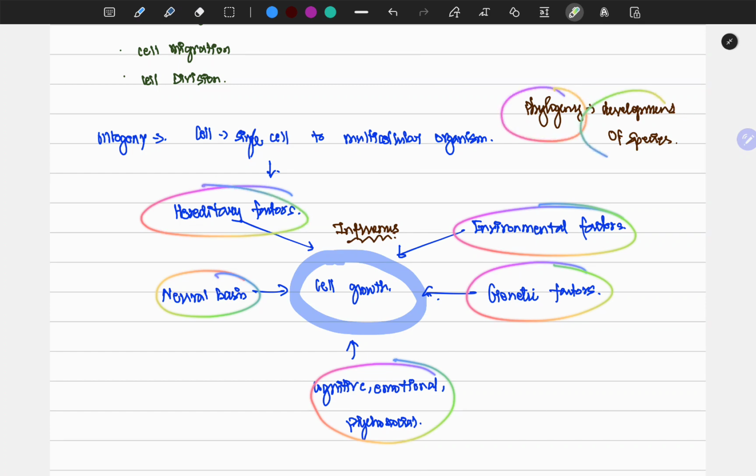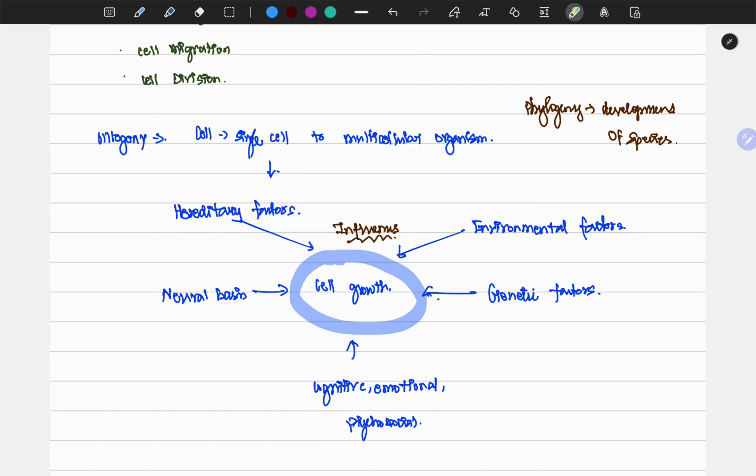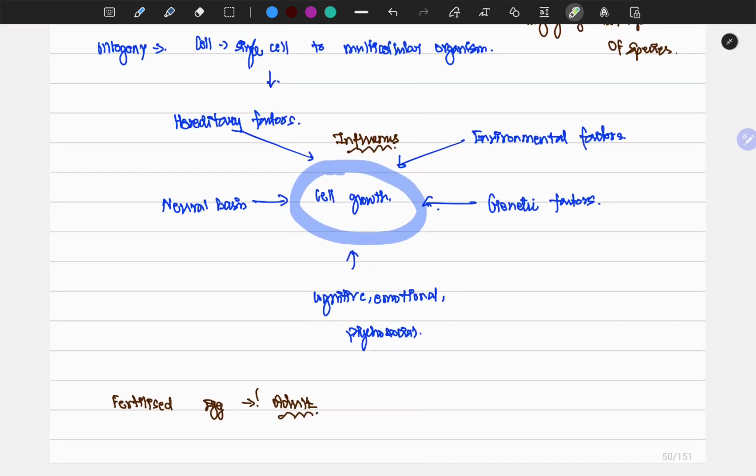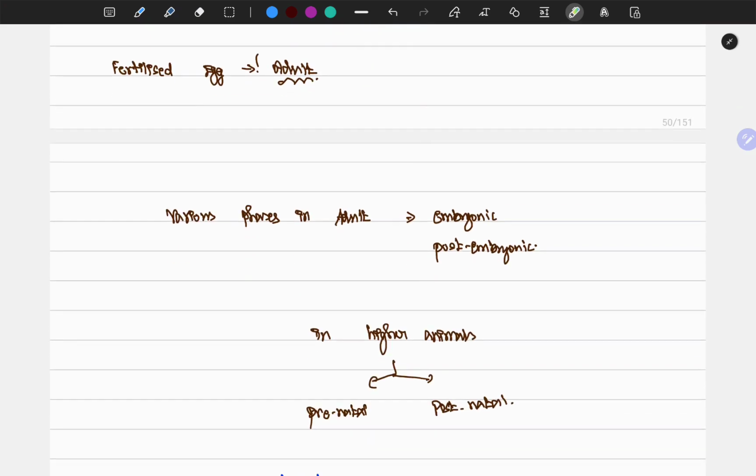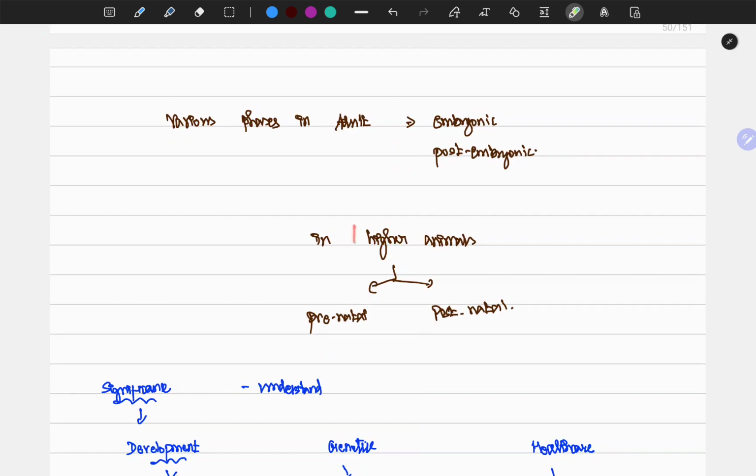Phylogeny is the development of species. Ontogeny is from a single cell to multicellular organisms. For example, a fertilized egg, how it develops into an adult. So various phases in the adult: embryonic and post-embryonic. In higher animals, prenatal and postnatal.